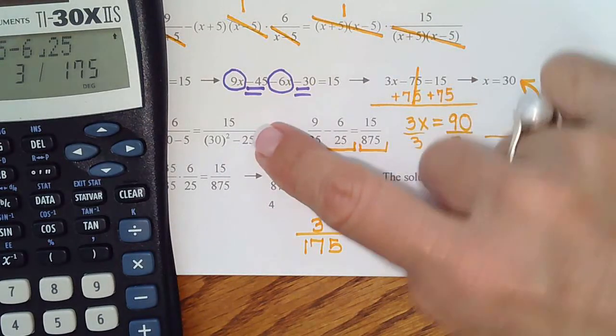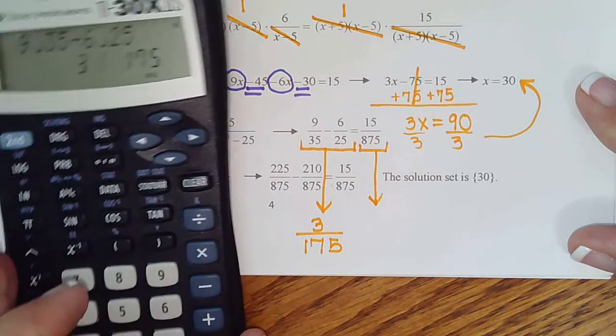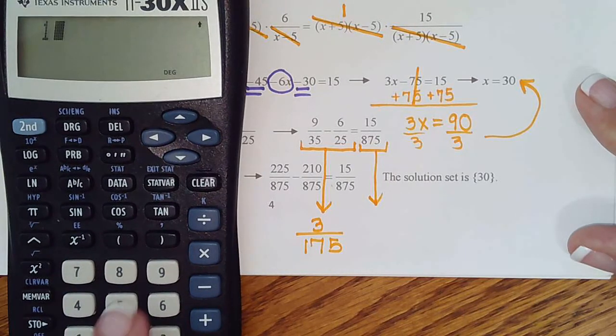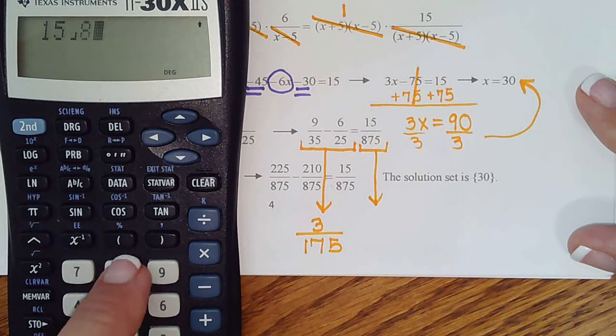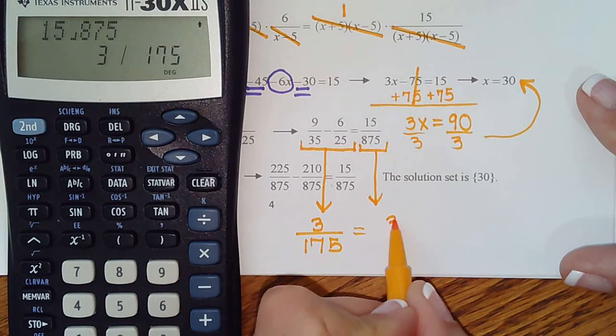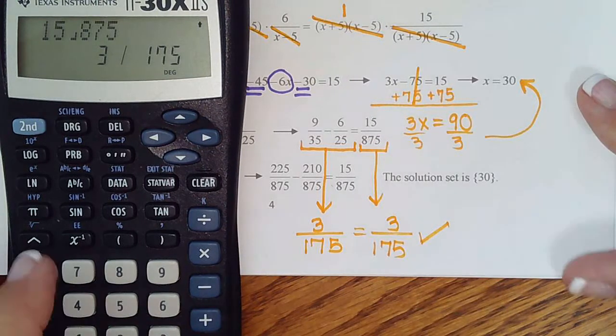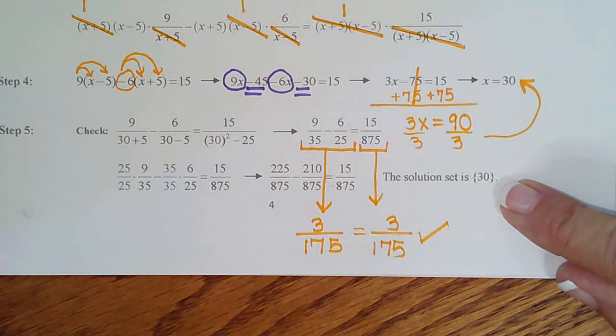And then I had 15 over 875 there, so I'm going to type that in my calculator. 15 fraction bar 875, hit enter. Boom, look at that. Woohoo! Matching numbers on both sides. So that means my solution is correct.